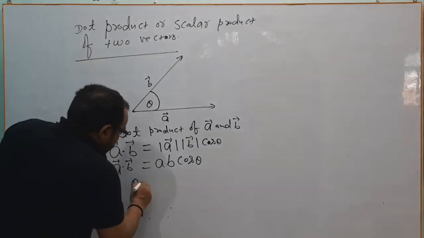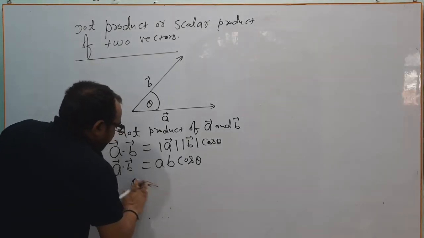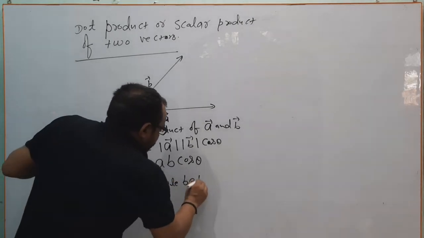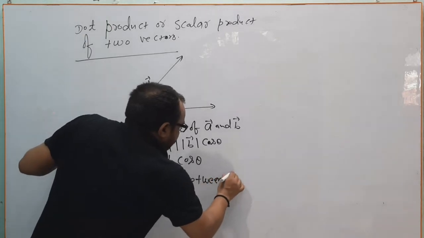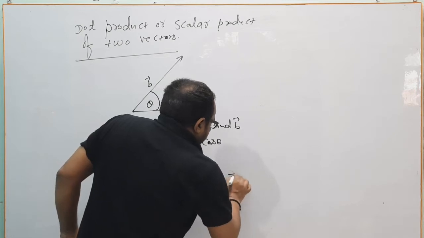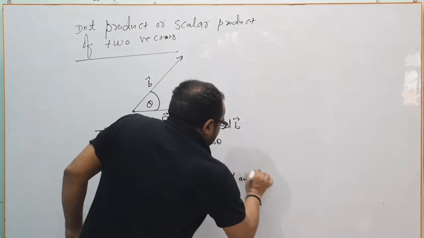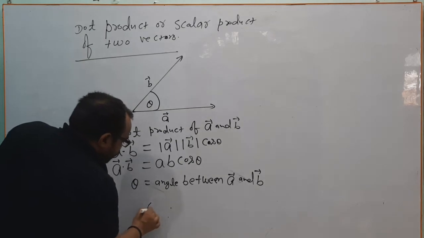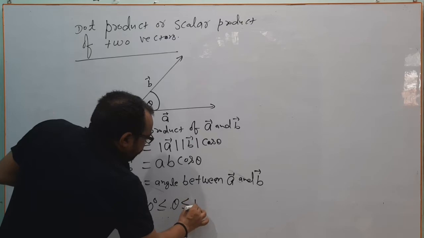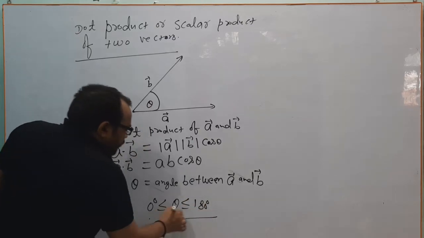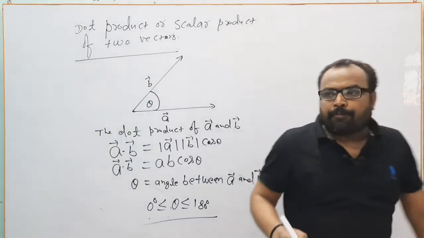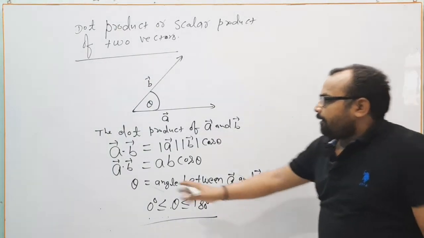Theta is equal to the angle between vector A and vector B, and 0 degree is less than or equal to theta less than or equal to 180 degree. It means theta lies between 0 degree to 180 degree. So dot product or scalar product of two vectors is defined as this.